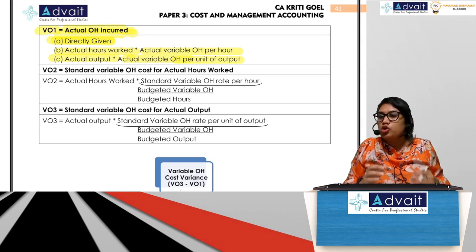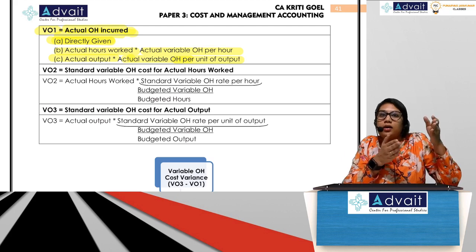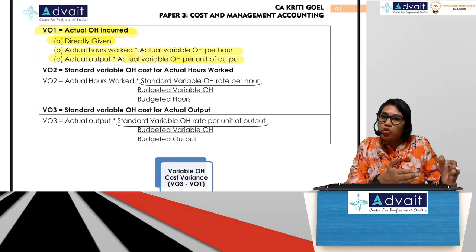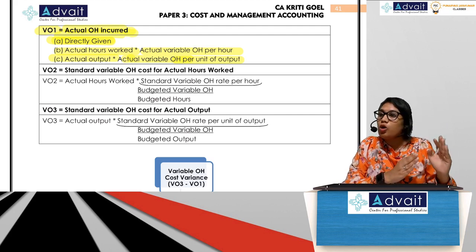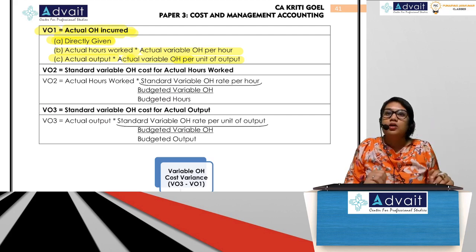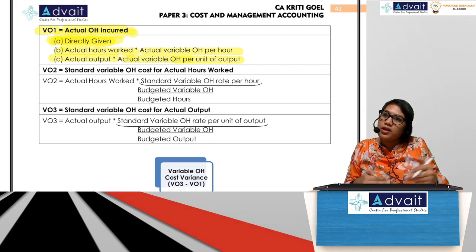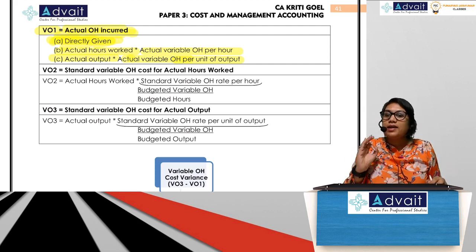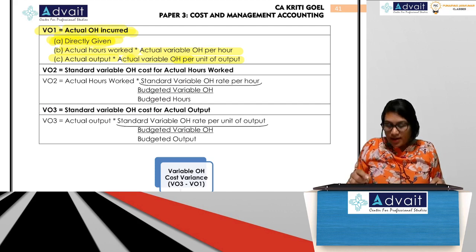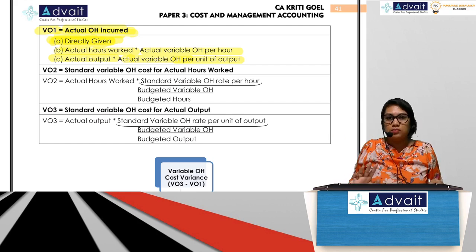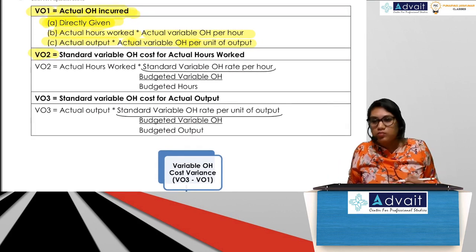So if hours are given, you take rate per hour; if units are given, you take your variable overhead rate per unit. Usually this will be given. If it is not given, you can calculate. Ultimately, VO1 is like M1, actual into actual. M1 was also actual into actual. Is it okay?